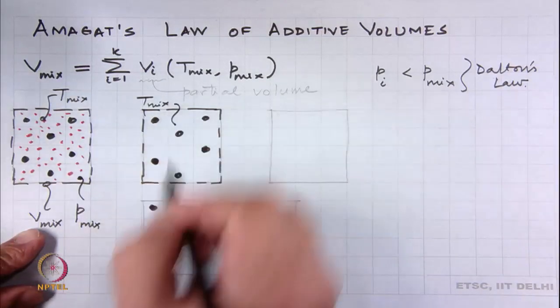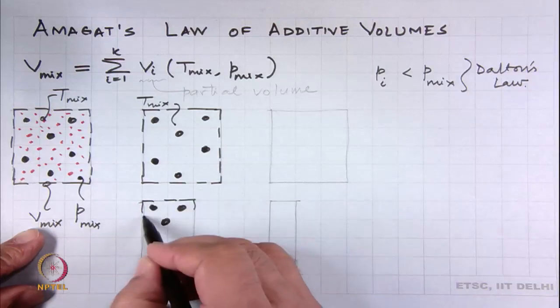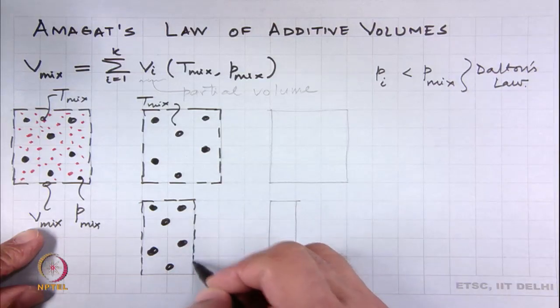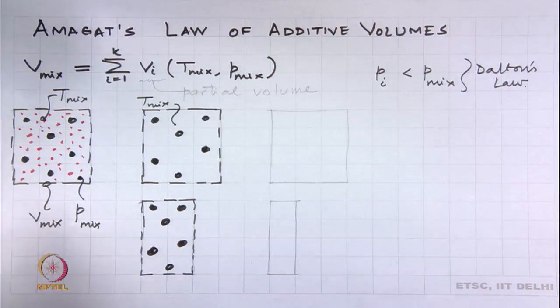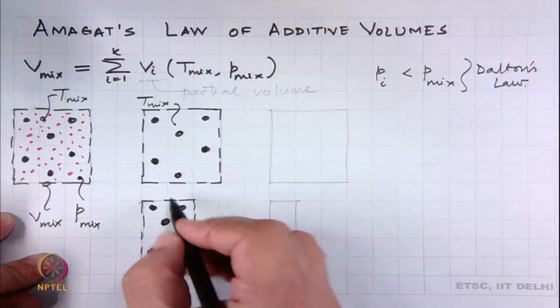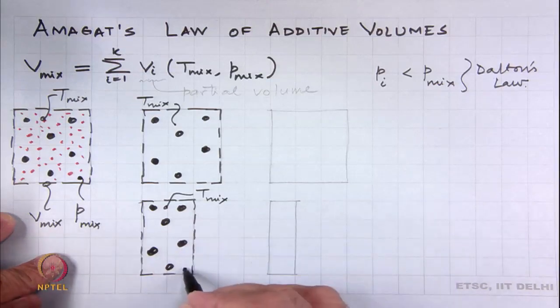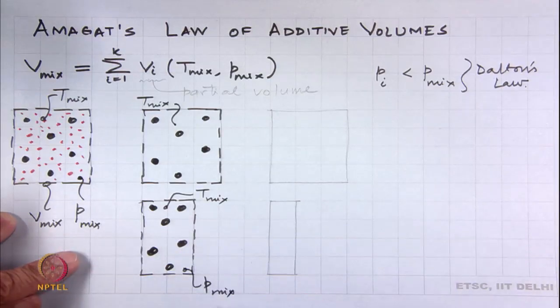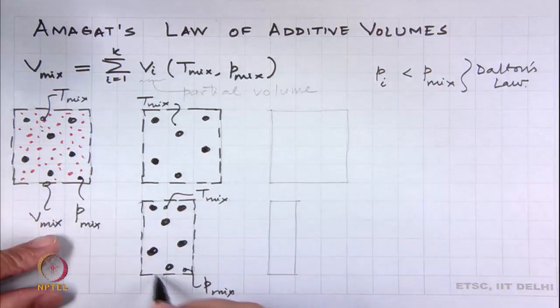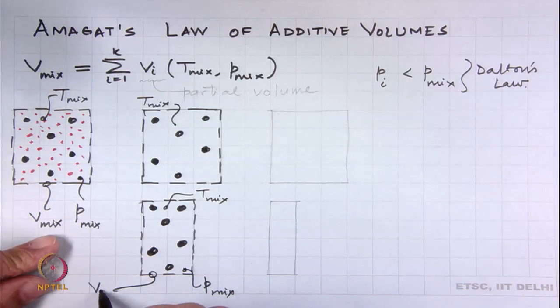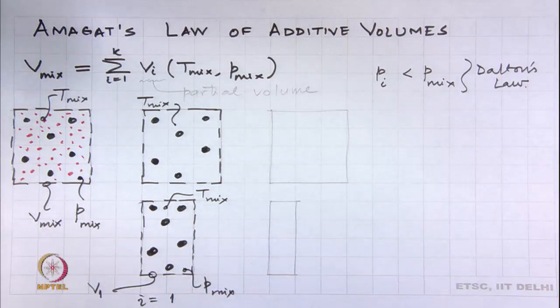In this particular case we would have to increase its pressure, so that this becomes T mix, its pressure now becomes P mix, but this volume has now come down. So, the volume of this is now V 1, where I equals 1. So, this is the volume occupied by the ith component if it were at the same temperature and pressure as the mixture.